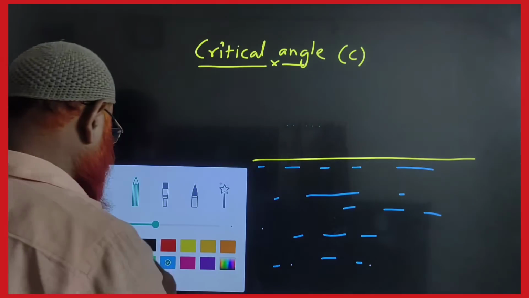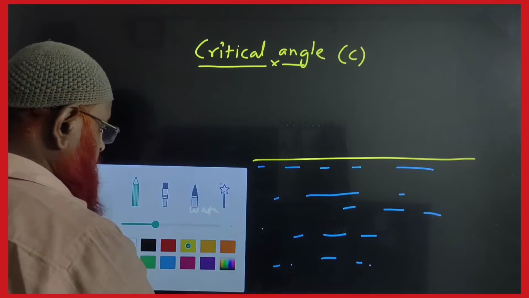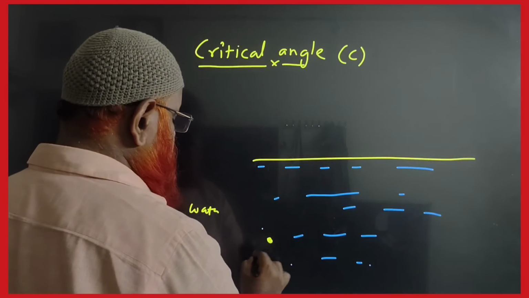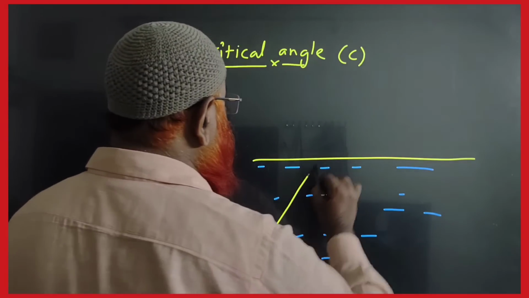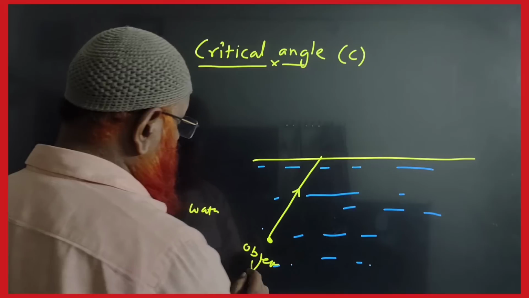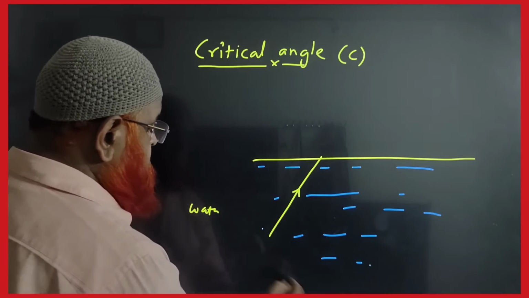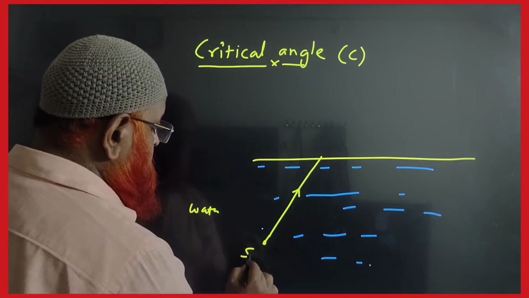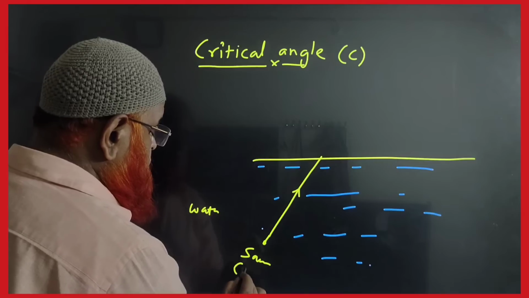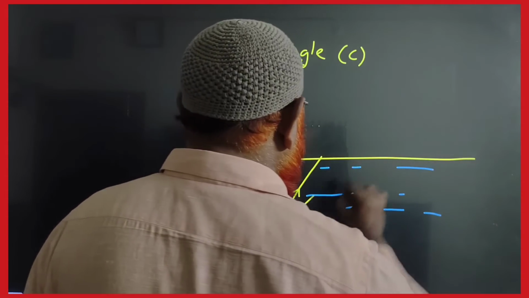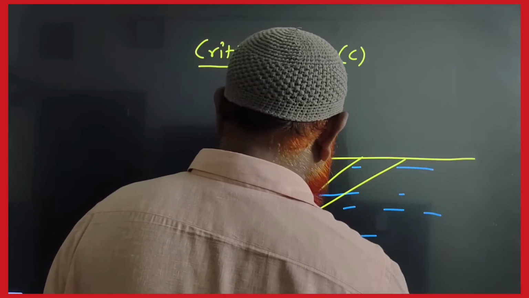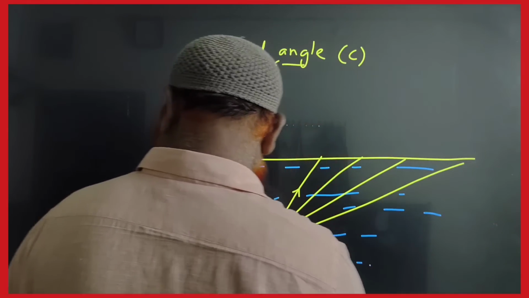Now you have kept an object at this place. There is an object here, and you consider this as a source of light. You observe that light travels from here to here, from here to here, and from here to here.